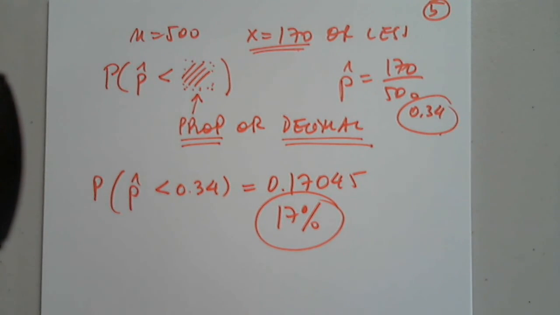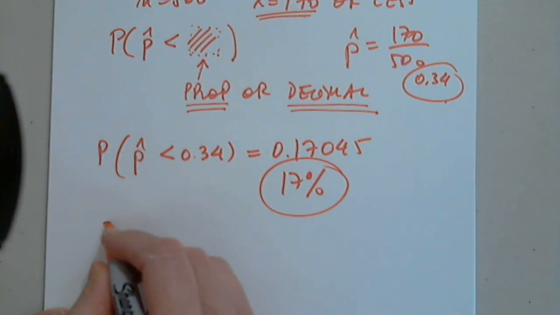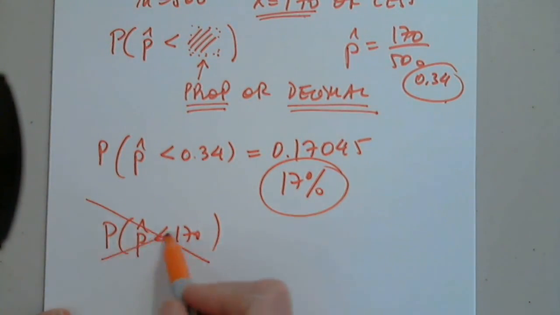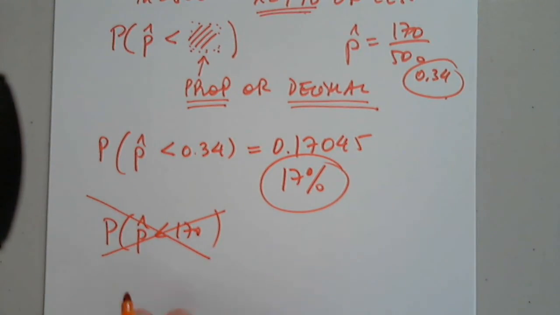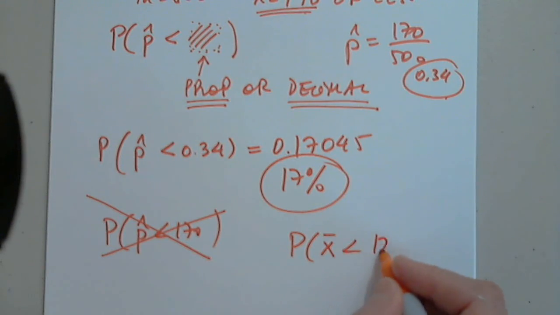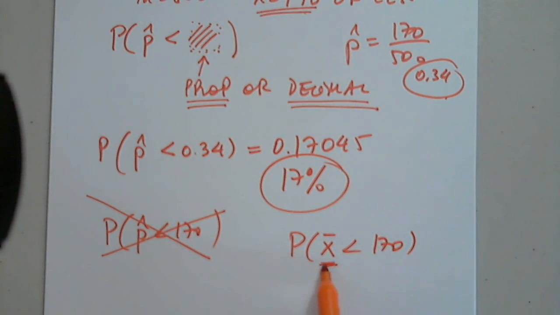So be very careful because this is tricky. This last part was tricky. Why? Because they expected us to write this. That would be a terrible mistake. This will be true for the mean if I want greater than or less than 170. But that's a different sampling distribution. We are talking about proportion. Do not put any number in here, left or right, doesn't matter, but a number less than 1.